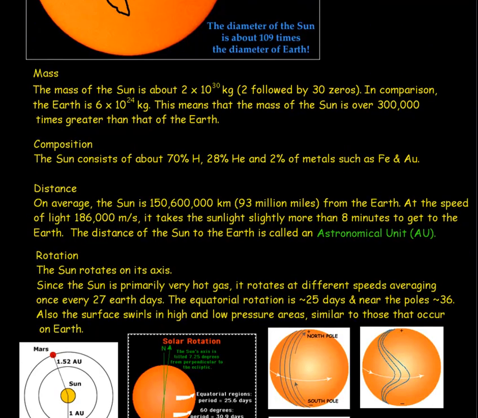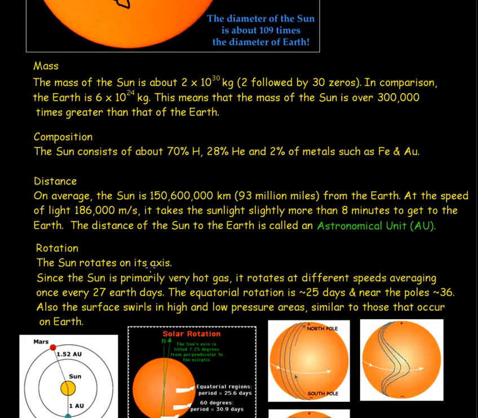In viewing sunspots, the sun rotates on its axis. It rotates primarily as a very hot ball of gas. So because of that, it can rotate at different speeds. But on average, it rotates once every 27 Earth days. Equatorial rotation, because it can rotate a little faster, is about 25 days per rotation.